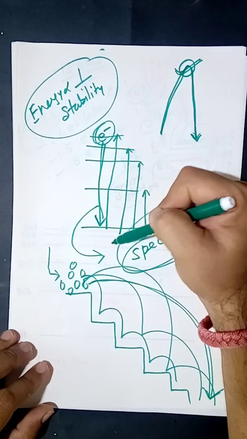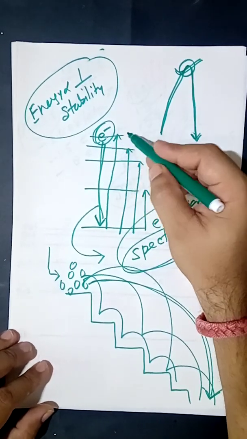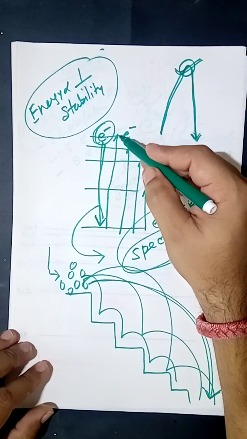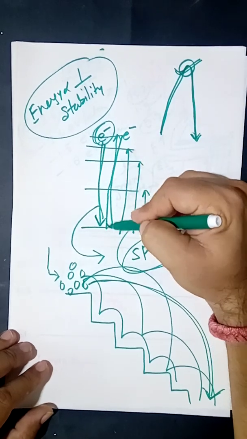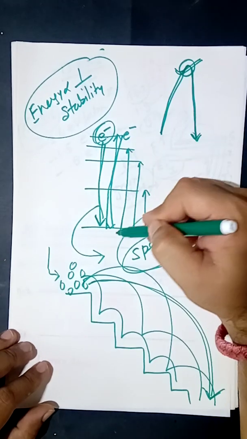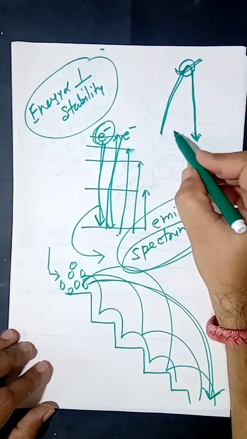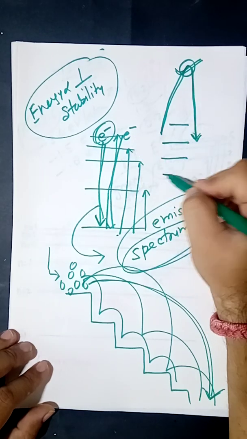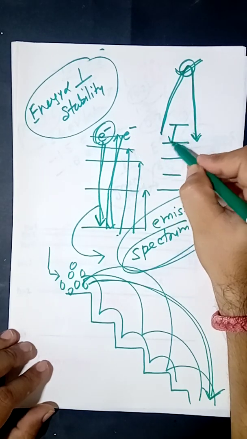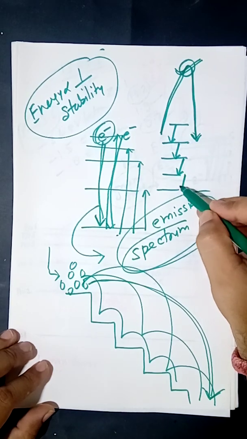When the electron returns to the ground state, it's not necessary that the electron will return directly from the fifth shell to the first shell only. Yes, the electron can return from fifth to first shell directly, but at the same time the electron may shift first from 5 to 4, then 4 to 3, then 3 to 2, and then 2 to 1.